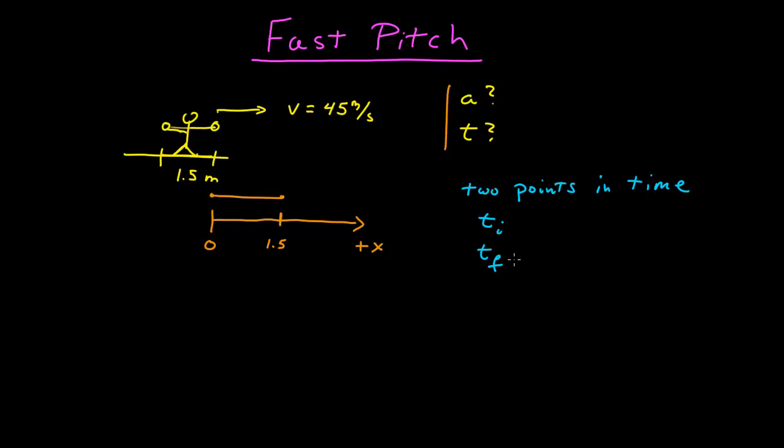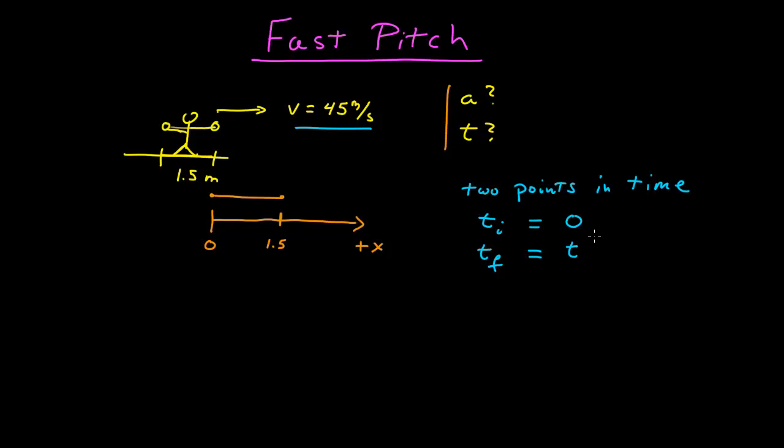Here that's pretty easy. The initial is where it starts accelerating, and the final is where it's released at 45 meters per second. I'm going to set my origin of time at t initial, so t is equal to 0. My final time I'm just going to call t. It's an unknown.